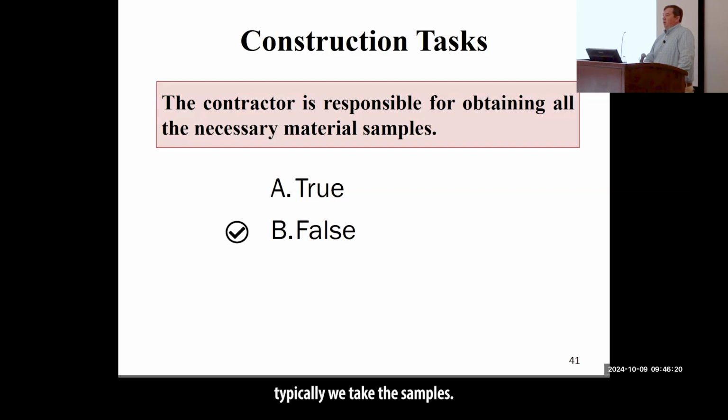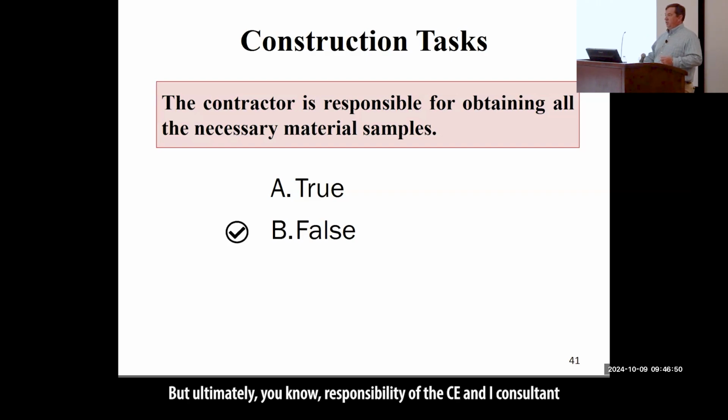Again, typically, we take the samples. When I say we, I mean the inspector, the PE, they're out there taking the sample. So if it's a dirt sample, an aggregate sample, whatever, they physically get the sample, then they take it to the lab. It might be that, as part of your contract, you say, lab, I want y'all to go to the concrete plant to check their stockpile and get the gradation samples or whatever.